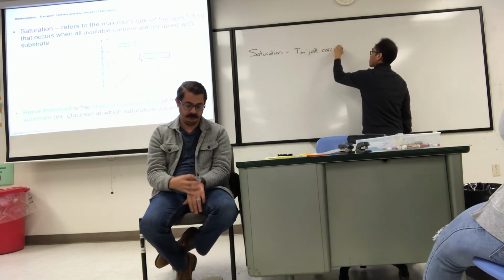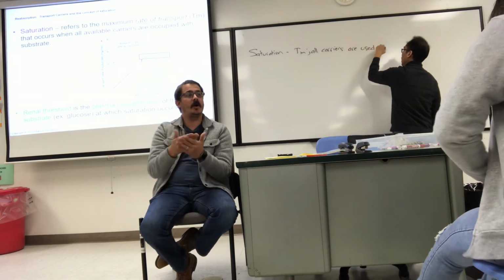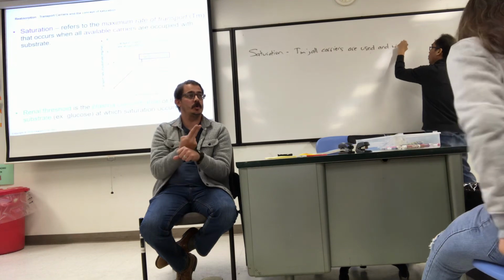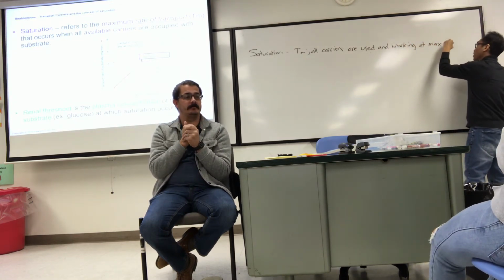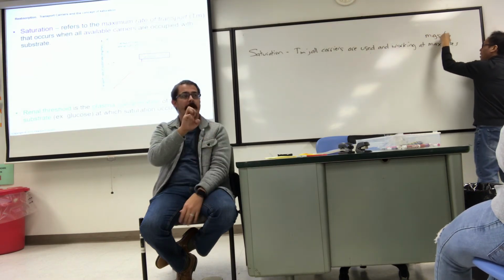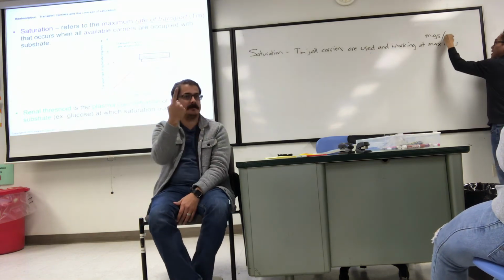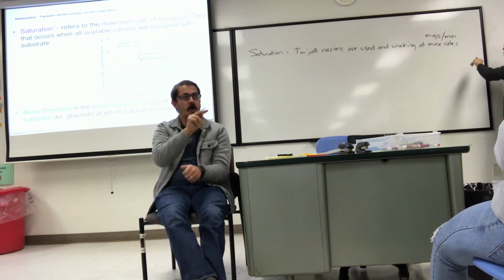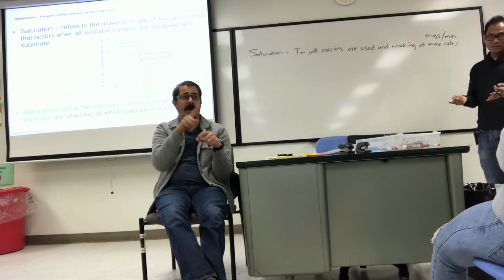All carriers are used and working at max rates. So the units are some milligrams of substance you're moving per unit time. When you're saturated, that's the first point at which they're all used and maxed out.